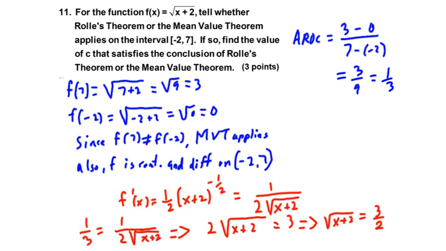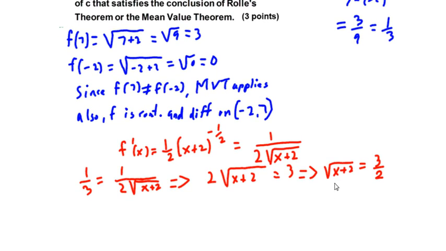And squaring both sides, we have x plus 2 is equal to 3 squared, which is 9, over 2 squared, which is 4. So x plus 2 equals 9/4. Well, when we subtract 2 from both sides of the equation, we're going to have x equals 1/4.